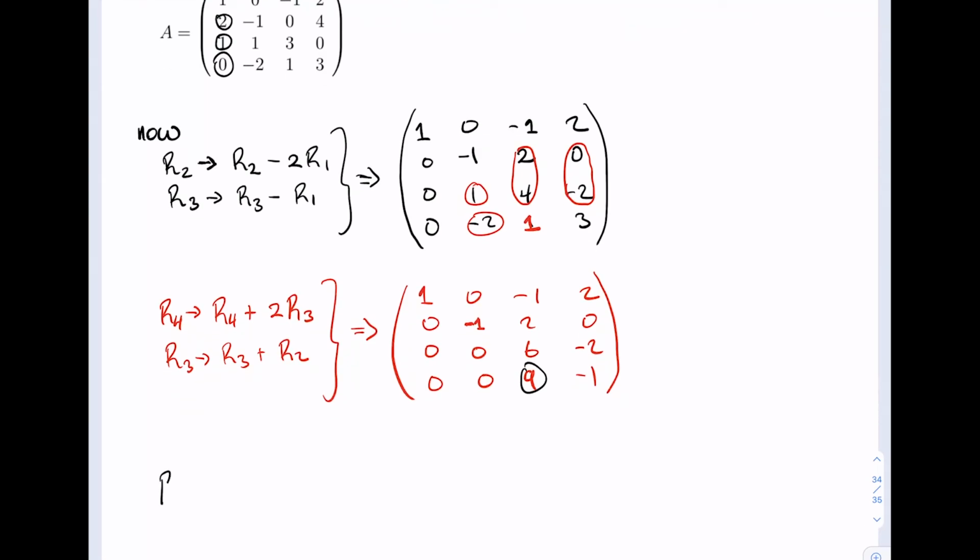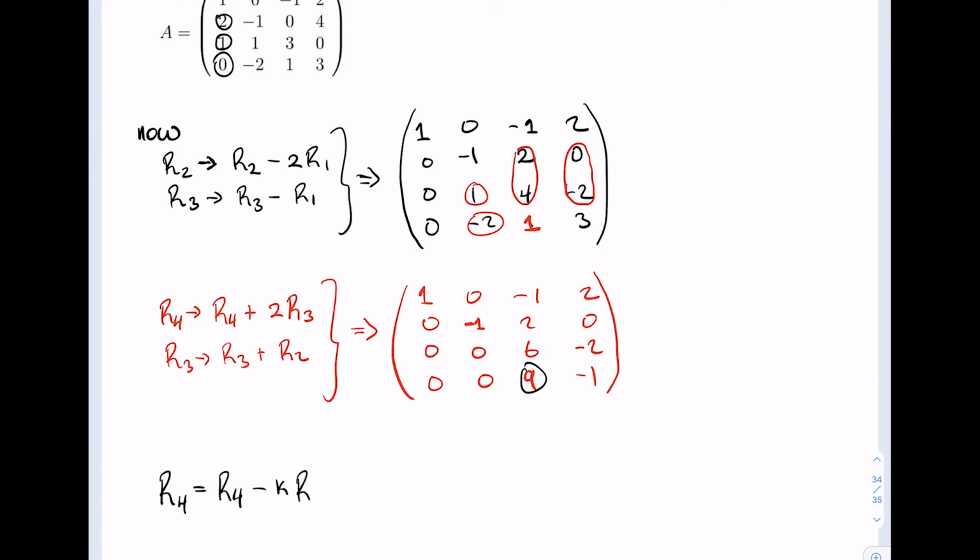So here to eliminate 9, I'll say that row 4 is equal to row 4 minus, right? And I have to use row 3, but what is the scalar that I'm going to use here to eliminate this 9? So I need a scalar times 6 here.